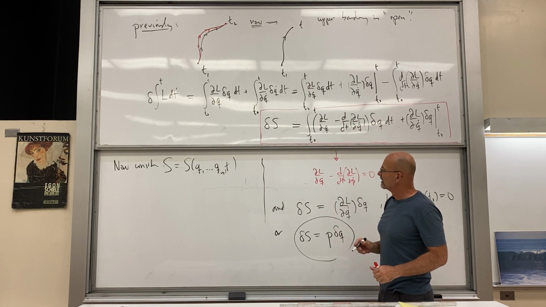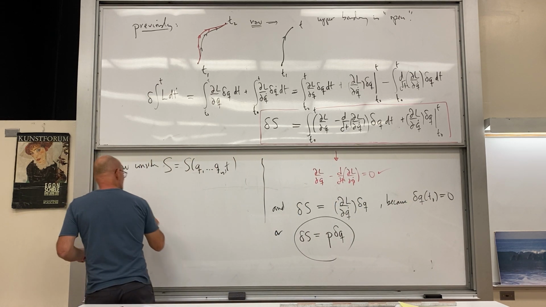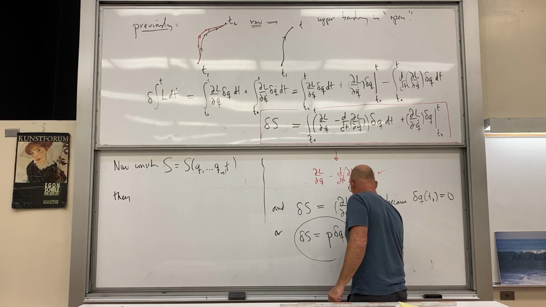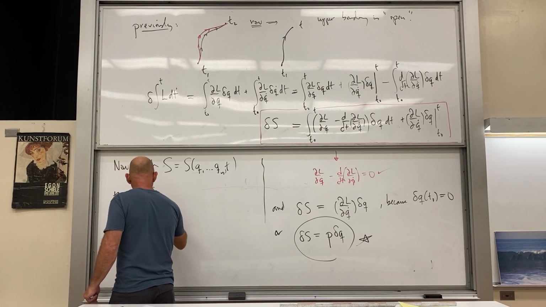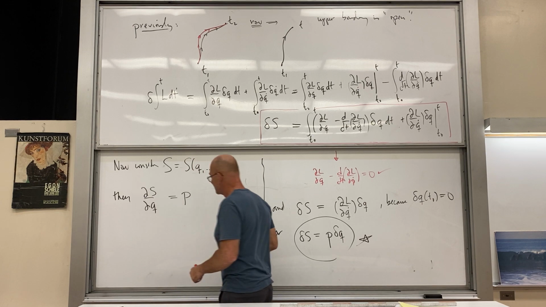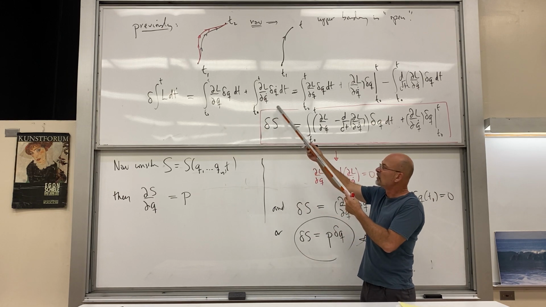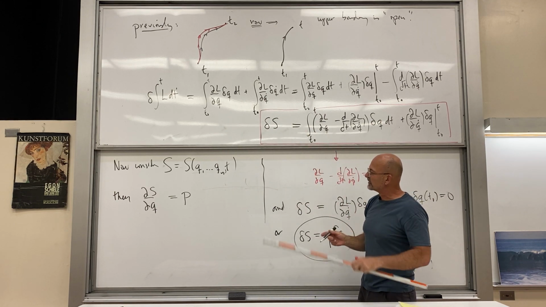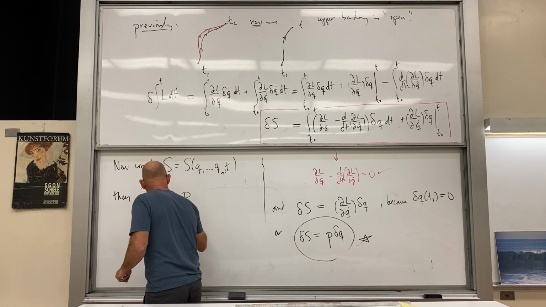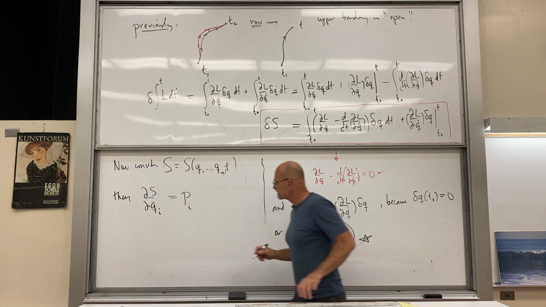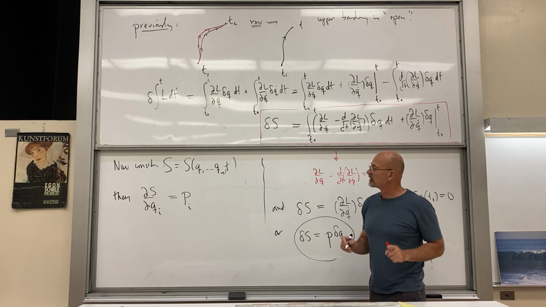If that's the case, then from this expression star here, we have ∂S/∂q is going to be equal to p. And this was just a shorthand version for the multivariable formulation of this. I just wrote one out explicitly. So generally, ∂S/∂qi is equal to pi. So that's an important relation.